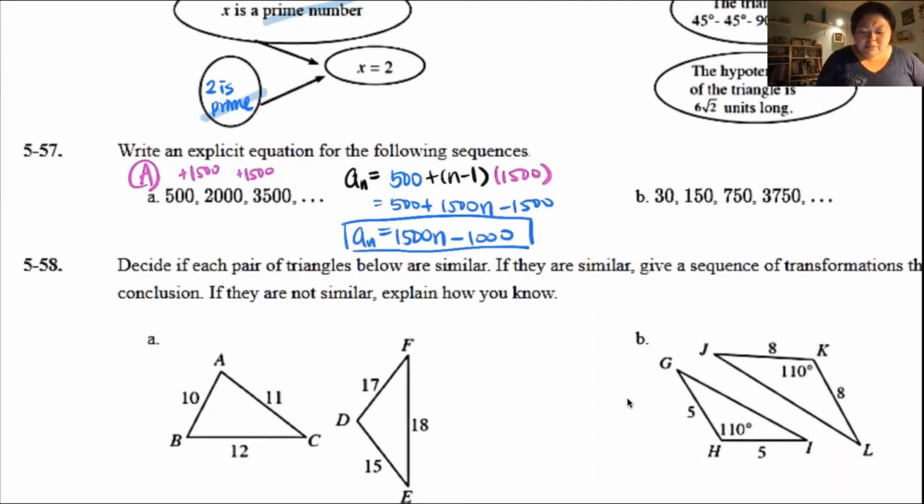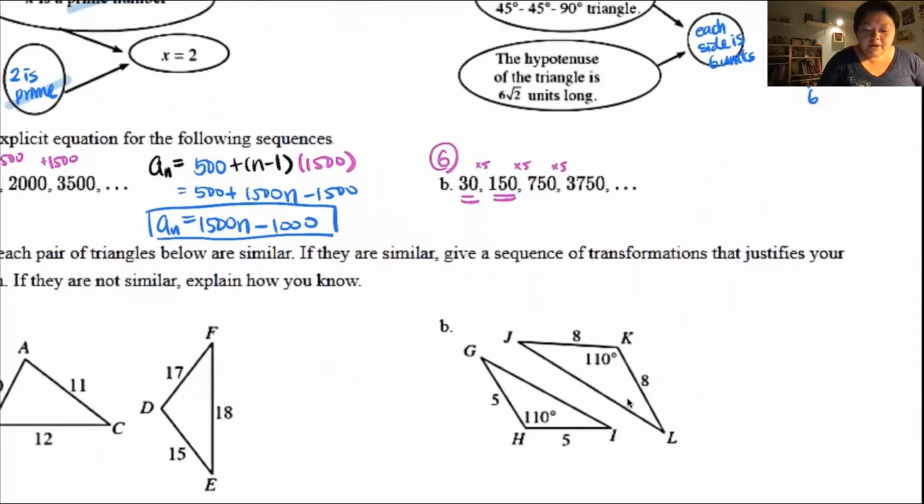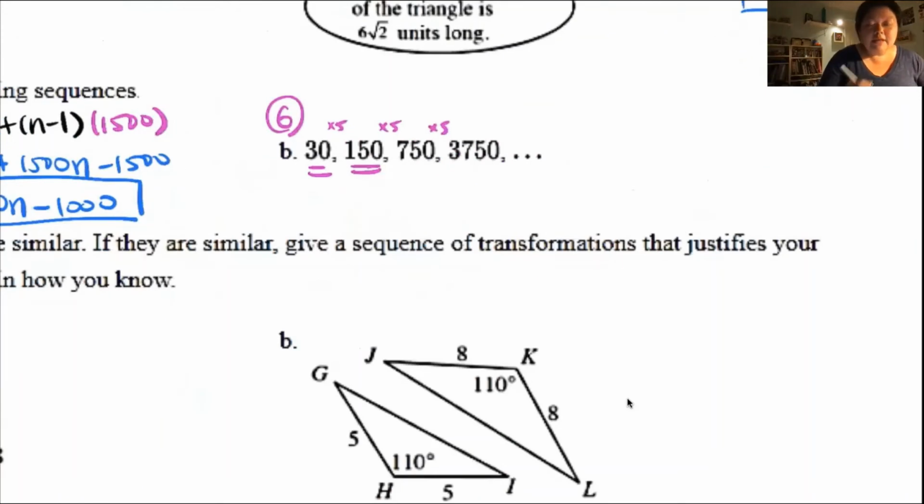Okay. Next problem seems like it's jumping big fast, right? You have 30, then you have 150, then 750, and then 3,000. So I believe this is jumping by multiplication. So let's see, what number are we multiplying by? A quick way of figuring out what you're multiplying by is take the second number, divide by the first number. So if you take 150 divided by 30, you will get 5. So that means you're multiplying by 5. And now you can check, is that pattern true? Yes, because you multiply by 5, that's how you get each number. So this is geometric. Okay, geometric has a different explicit formula.